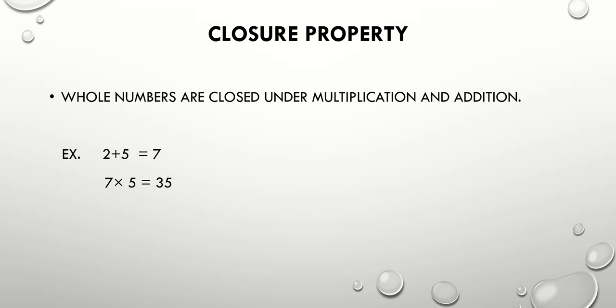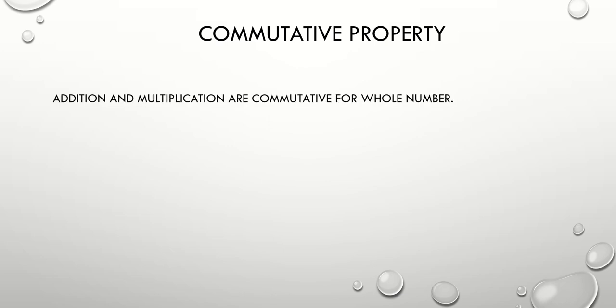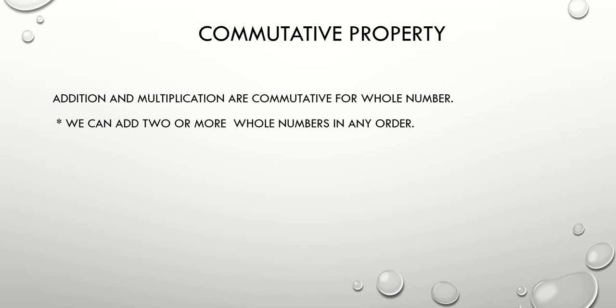So the next property is commutative property. Now commutative property says addition and multiplication are commutative for whole numbers. What is the meaning of this? That we can add two or more whole numbers in any order.